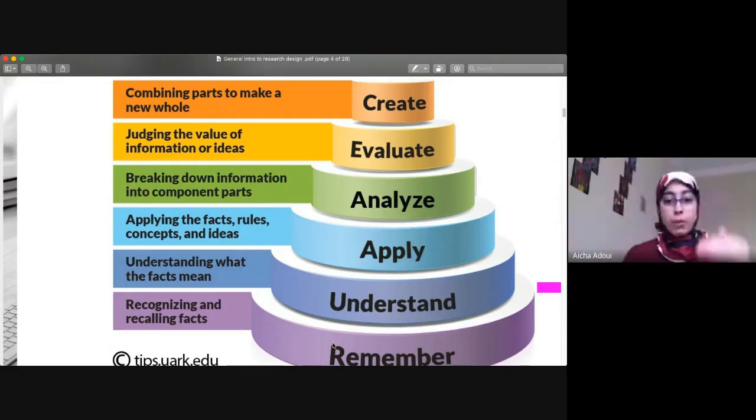It's going from remembering whatever background knowledge you have about the topic, understanding the topic, implementing a certain research analysis or strategy to acquire data or information. Then again, you analyze, evaluate, and by the end, you create, whether the research problem or maybe certain findings. Again, this is a very flexible idea or taxonomy that you could use in your life in general, not just in research.